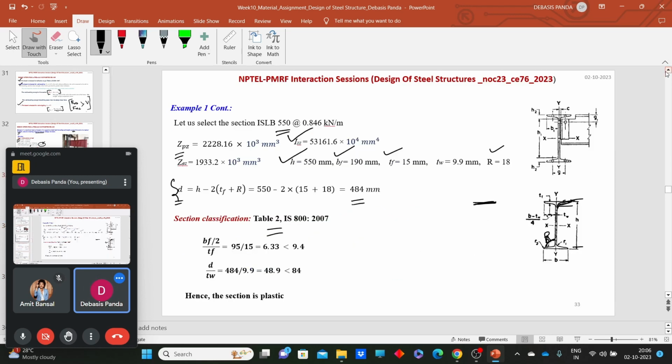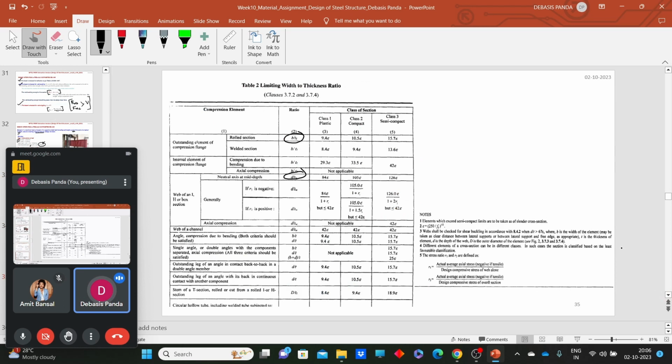Now here that comes as 6.33, and that is well within 9.4. I think 9.4 is the range for the plastic sections, 9.4 into epsilon. Now what is that epsilon value? Epsilon is nothing but under root of 250 by Fy.